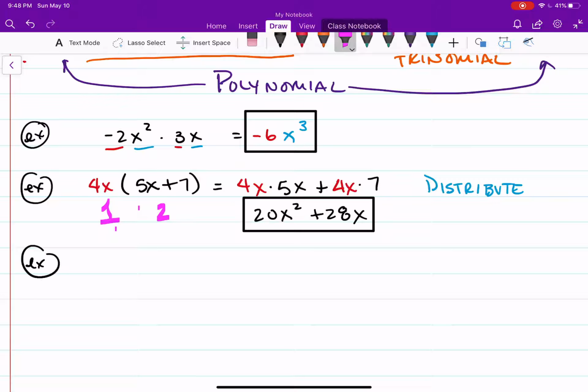And 1 times 2 gives me 2 terms left. Monomial times monomial gives me a monomial. 1 times 1 is equal to 1. So that's not too bad. My question is, if I do a binomial times a trinomial, how many terms should I get? That's right, 6. Let's take a look at what that looks like.